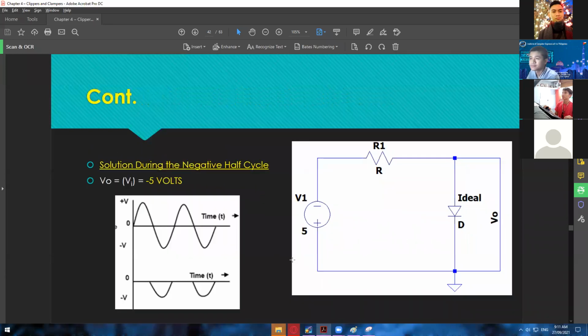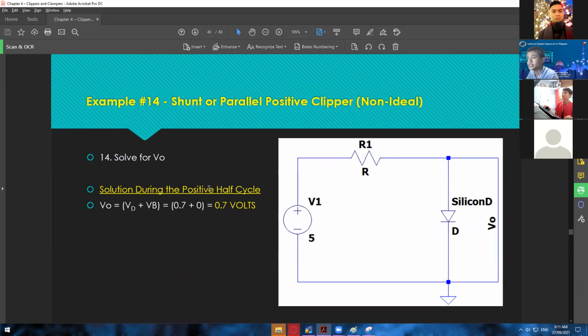All right, let's now move on to example number 14, which is now, of course, non-ideal. In here, everything is the same. It's just that we have to consider the voltage threshold. So positive to positive, negative to negative. As a result, there should be no output in this one, okay? Because this V1 will just pass through here and then go back right here.